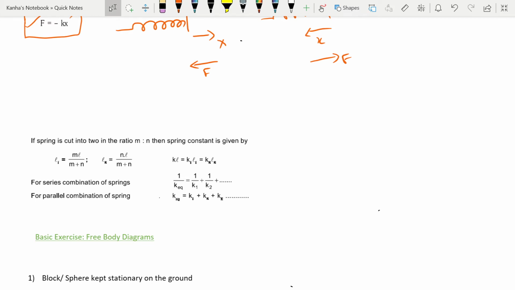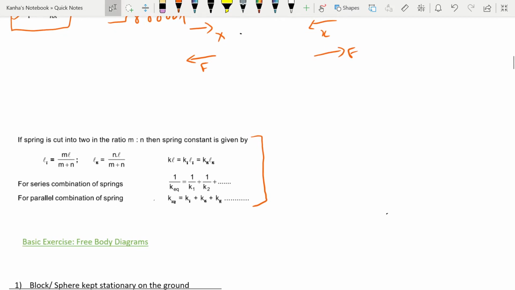Some important things that you should make a note of. First of all, if a spring is cut into two parts in the ratio m:n, then the spring constants can be found using these equations, where L1 and L2 are these.